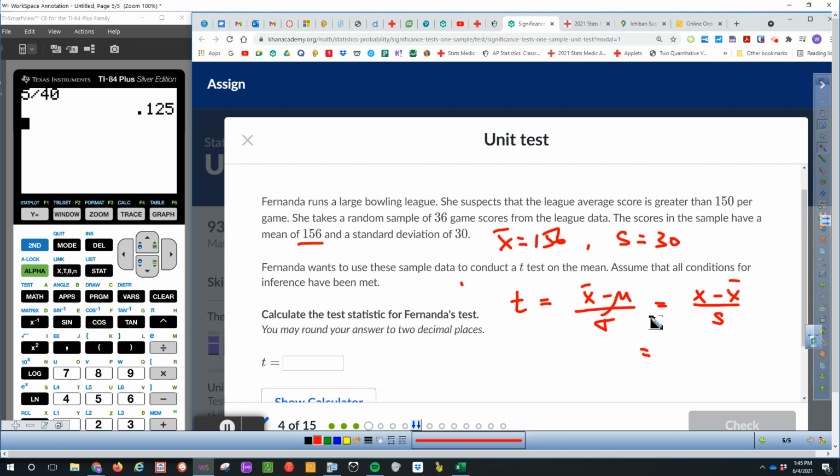So, all right, you should expect that the league average score is greater than 150.